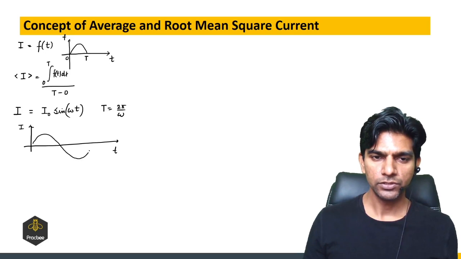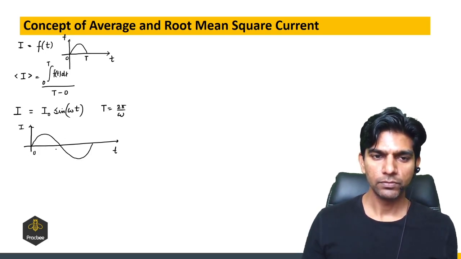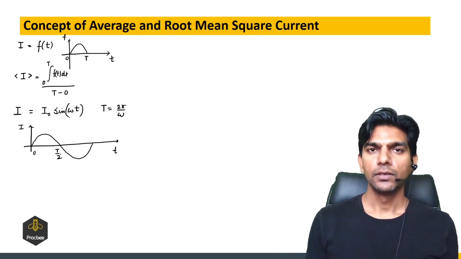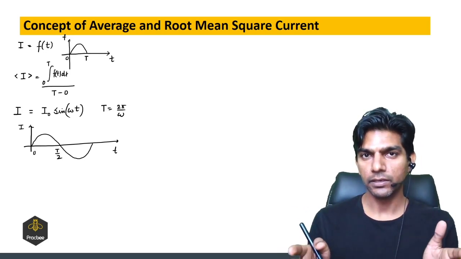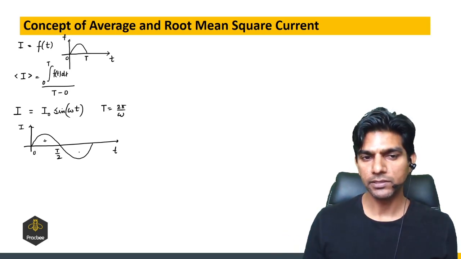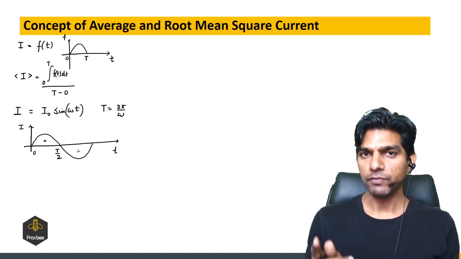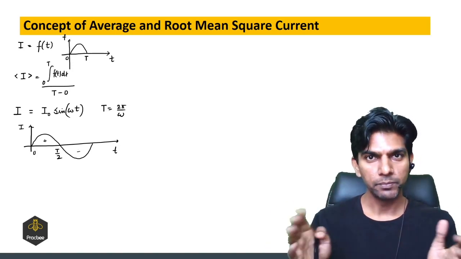It's a sine function, and we want to find the average value from 0 to T by 2. And do remember this: in case of a sinusoidal function, the area under the graph will be 0 for a complete cycle, because this will be positive area and this will be negative area. So the average value of a sinusoidal function will be 0 in one complete cycle.